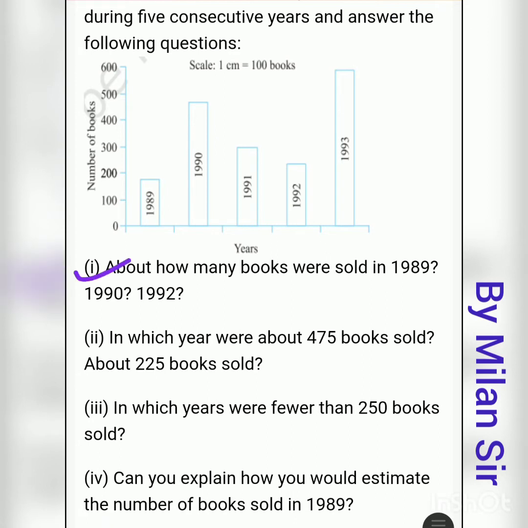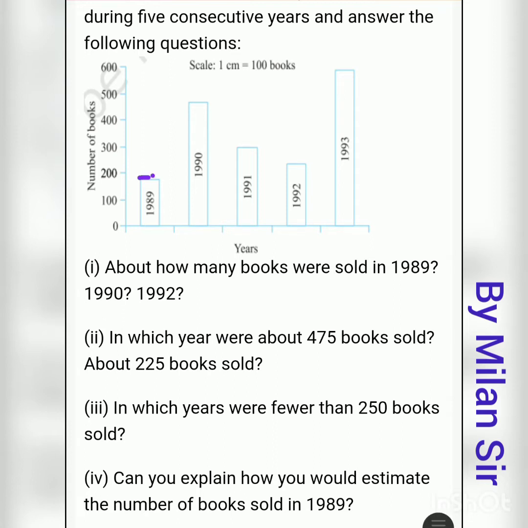About how many books were sold in 1989, 1990, 1992? First of all, 1989. If we check the column of 1989, it is near about 200, but it does not exactly match 200.